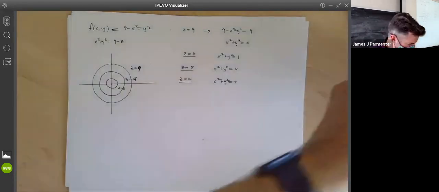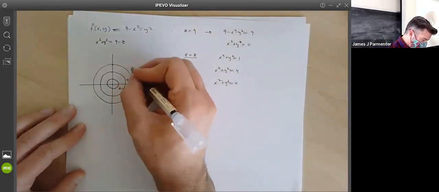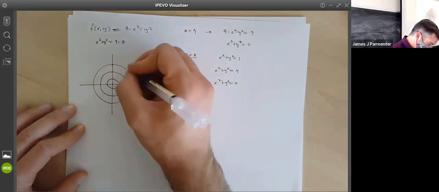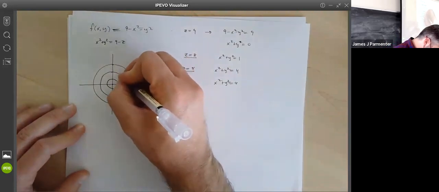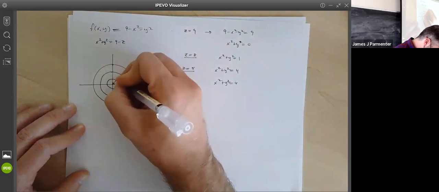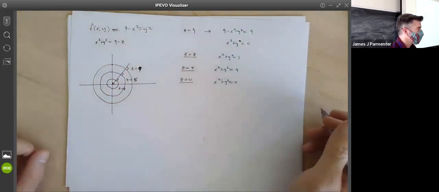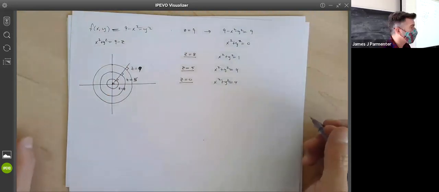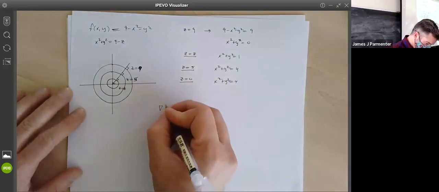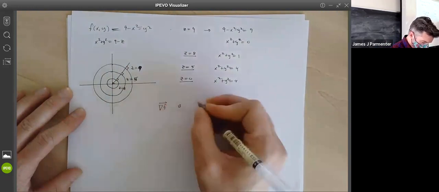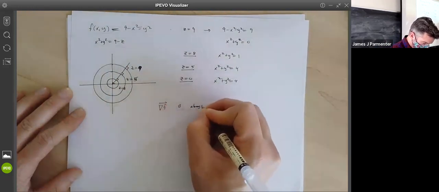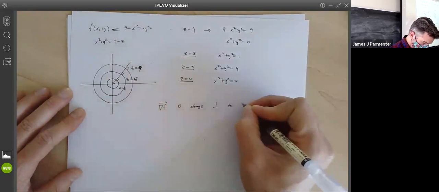And if you want to go up the hill the fastest, you're going to cross those level curves perpendicularly. The gradient of f is always perpendicular to level curves.